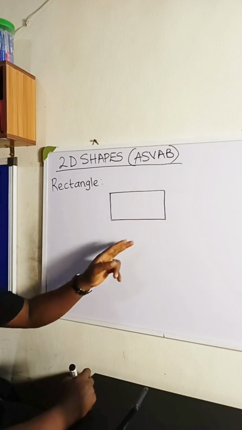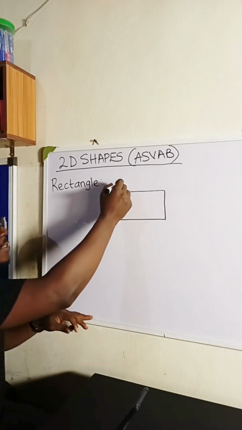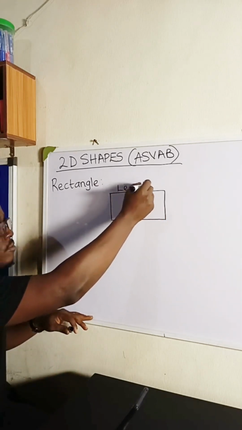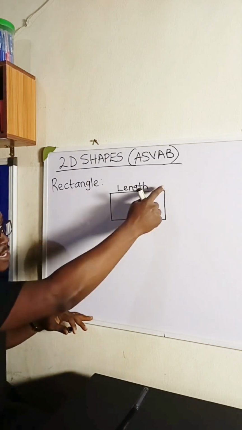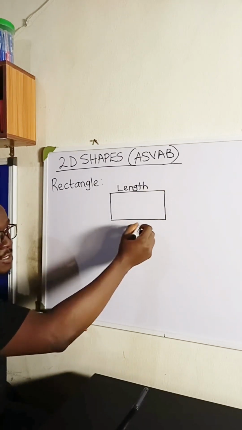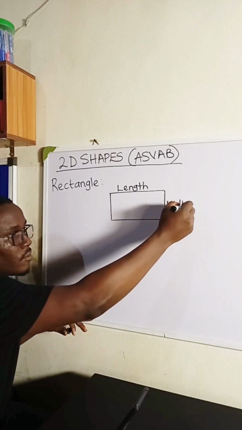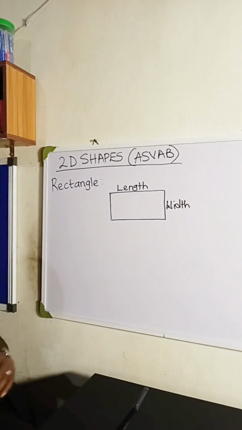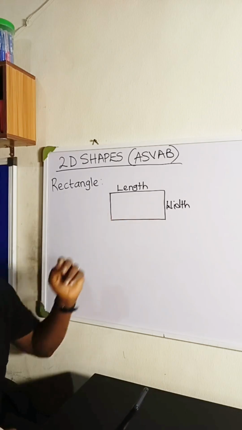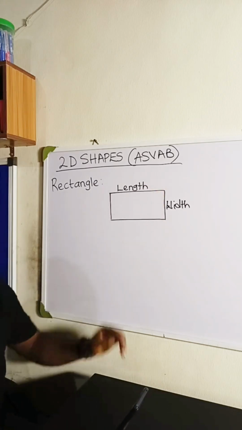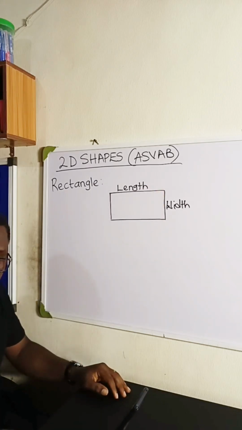So the two opposite sides that are longer are called length. So this is length. That means this is also length. The shorter sides are called width. Okay, so the longer sides are called length. The shorter sides are called width.